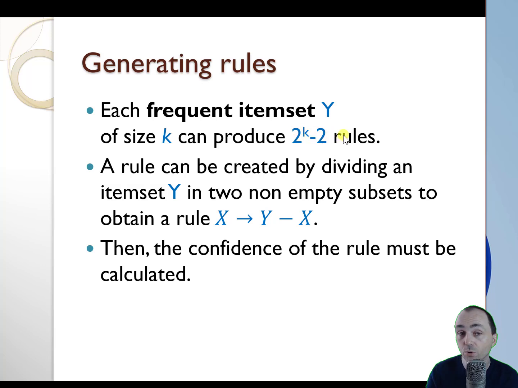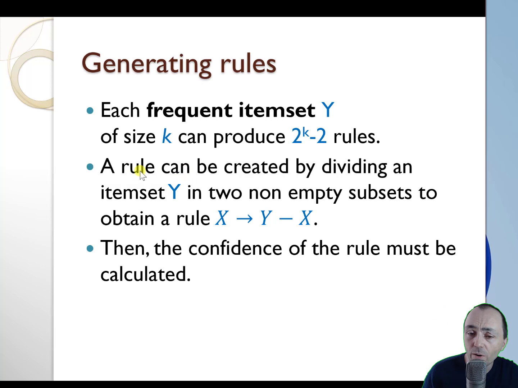I will not make the proof, but you could make it if you want. So that means if you have a set of items with 3 items like lemon, pasta, cake, you could make 2 to the power of 3 minus 2 rules. That means about 6.